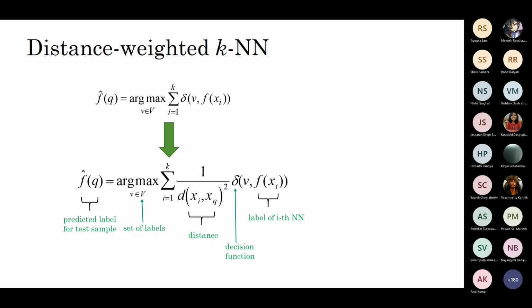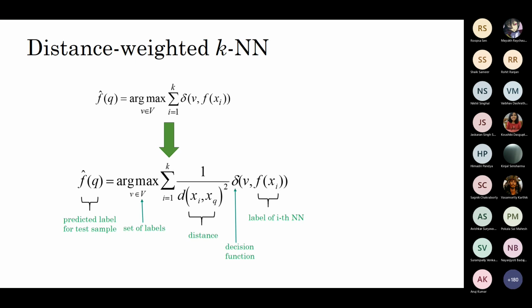Say you have 100 training samples and you want to figure out the 5 nearest neighbors out of these 100. One possibility is you compute the distance between the test sample and all 100 samples. That's the perfect way of doing things.